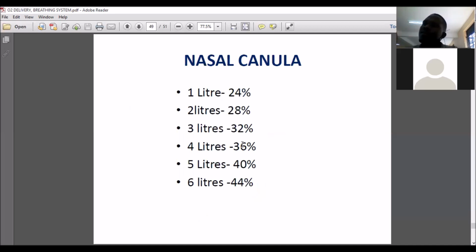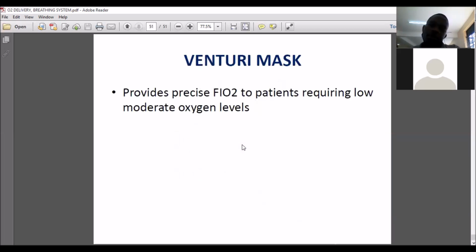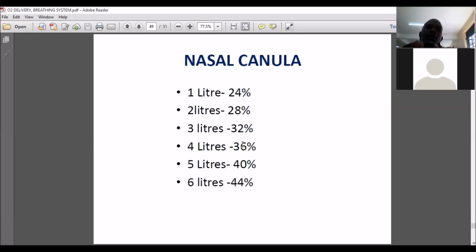What does this percentage mean with the liters? Is it liters that I'm giving per minute and the percentage of oxygen I'll be producing? What does it stand for? I also didn't get it well. Guys, I'm still wondering on the nozzle cannulas, the liters and the percentages. What does it stand for? Is it the percentage of oxygen delivered?